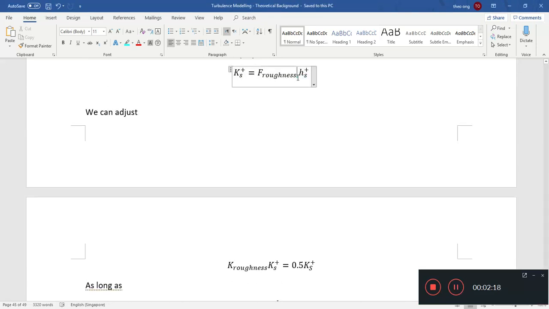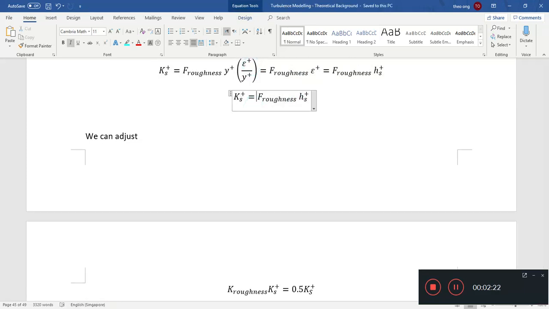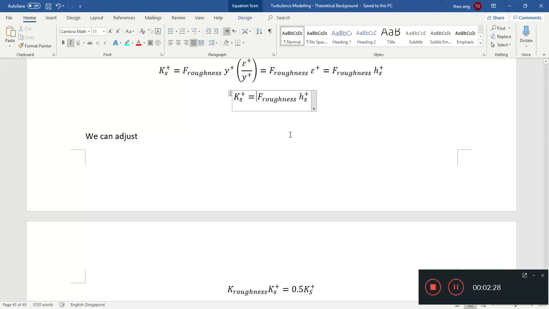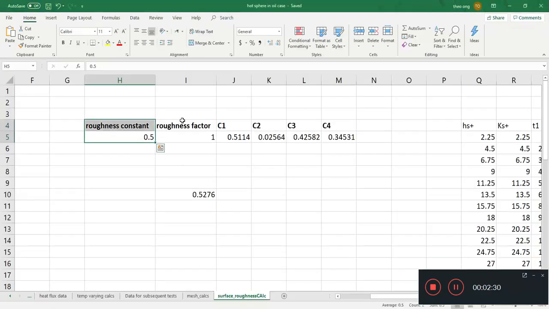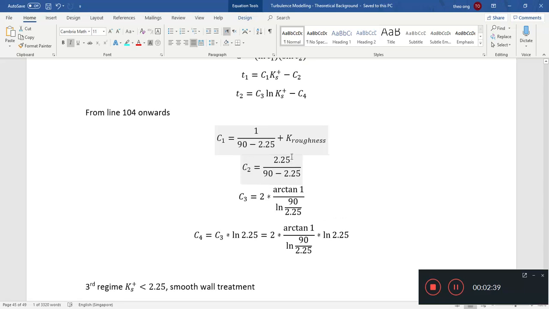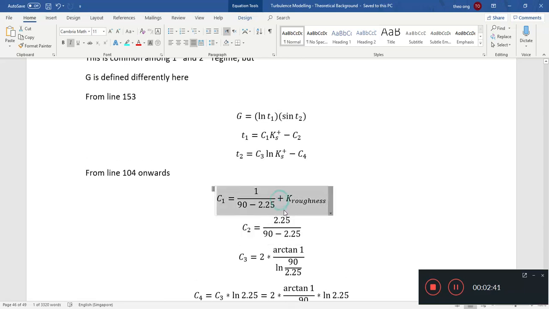So that is what we have. Where does this roughness constant come from? The roughness factor is this one, the scaling one. The roughness constant is another empirical constant, which you will find in C1 especially.